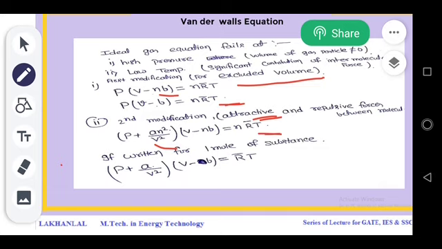And if this equation is written for 1 mole of substance, you are going to have this equation in terms of this. Again, this v is going to be molar volume, because this n square will come below this V square, and you will get this equation with molar volume v.